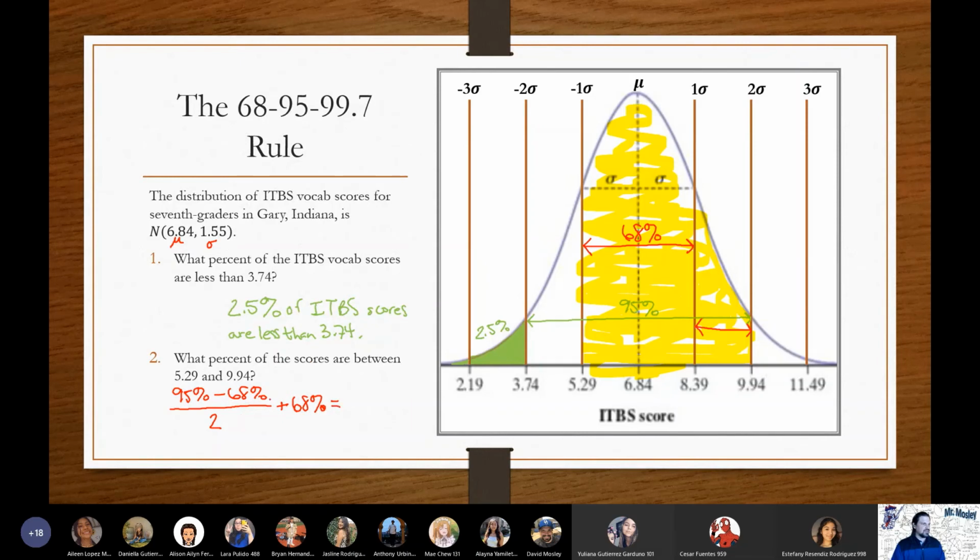So that will give me, let's see, 27 divided by 2, 13.5. 13.5 plus 68.